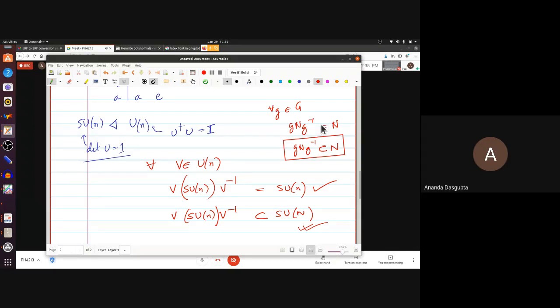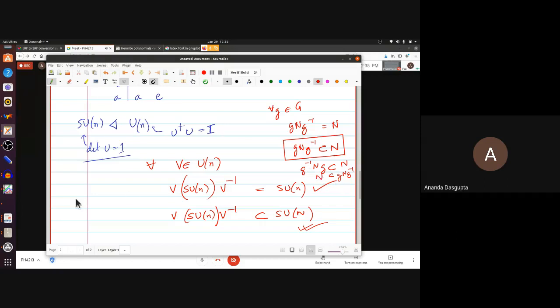What you really should start with is saying that because this works for all g, it also works for g inverse. If this is true, then g inverse N g, which is what you get when you replace g by g inverse here, should also be contained in N, because this works for all g. And then you left multiply by g, right multiply by g inverse, and show that this works.